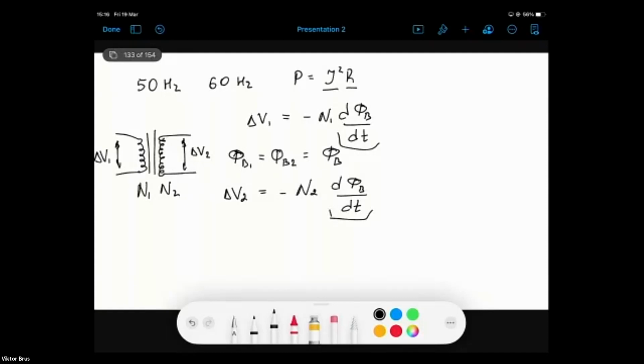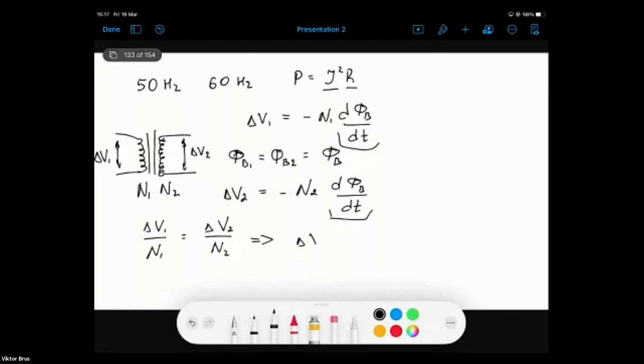So we will get delta V1 divided by N1 is equal to delta V2 divided by N2. Or in other form, which is more convenient, we can express the relationship between delta V1 and delta V2.